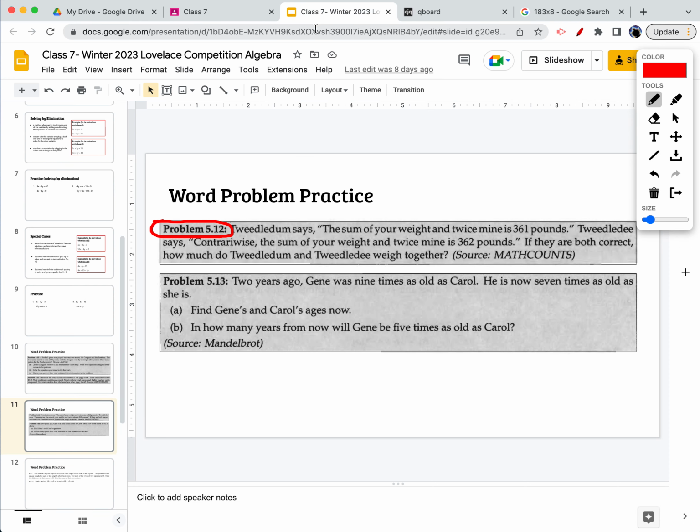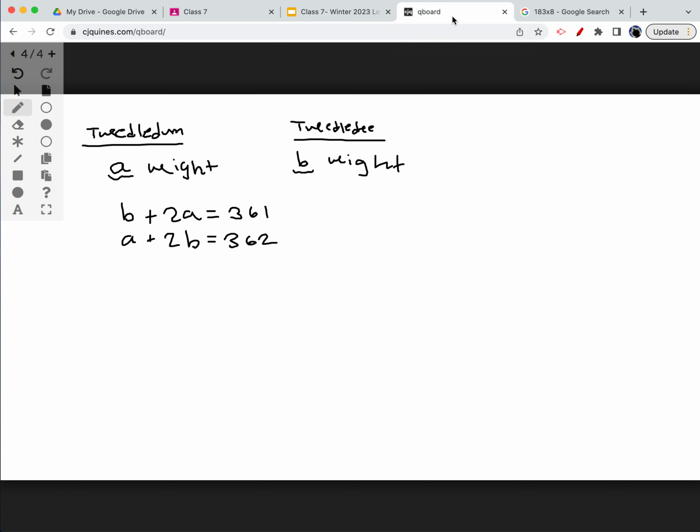Now the problem wants us to find how much Tweedledum and Tweedledee weigh together. So what is A plus B? You can solve this using systems of equations. You can solve for A and B, but there's an easier method, and that would be to just add these two equations.